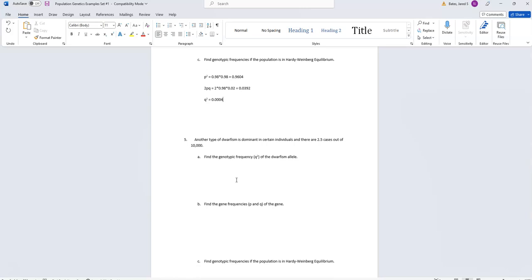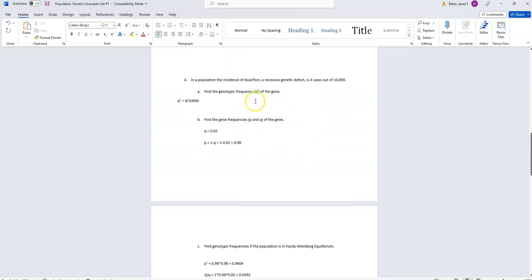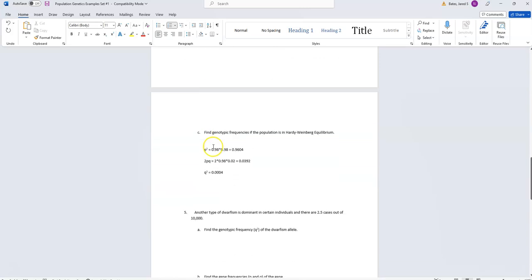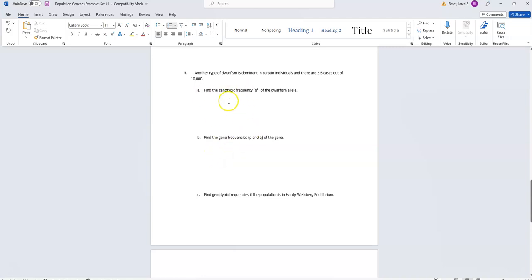Number 5, another type of dwarfism is dominant in certain individuals, and there are 2.5 cases out of 10,000. This example here, I won't work through it. You basically are doing the same thing that you did on number 4. So I'll give you the answers, but you can work through it. On this first one, it should be 2.5 over 10,000.